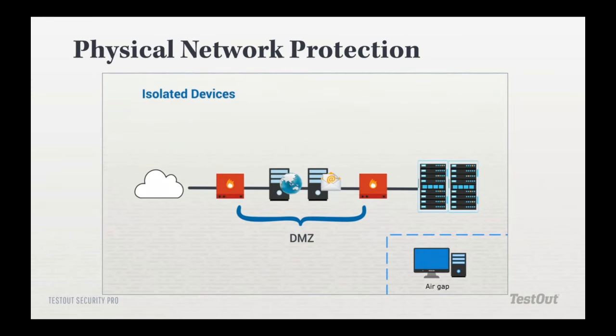The demilitarized zone that we discussed provides enhanced security. It isolates your publicly accessible network from your privately accessible network. So what you're really doing is creating two separate networks while using a firewall. We see an example here also of the air gap. This is the one that's not accessible by the internet.